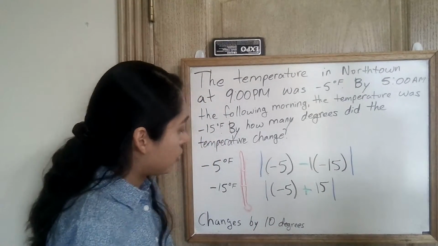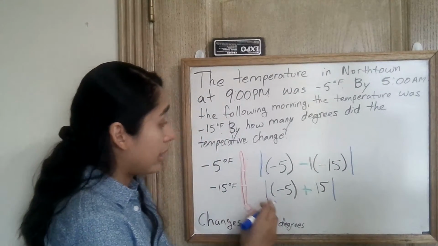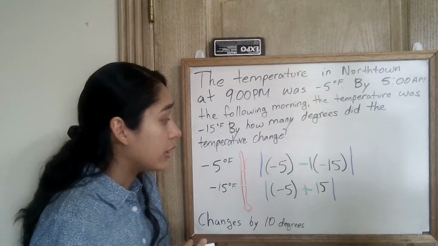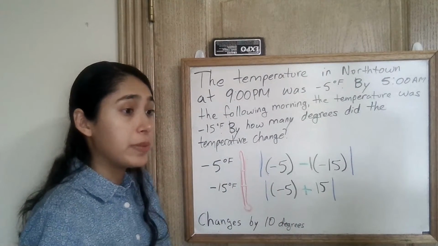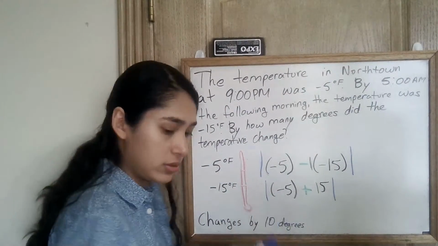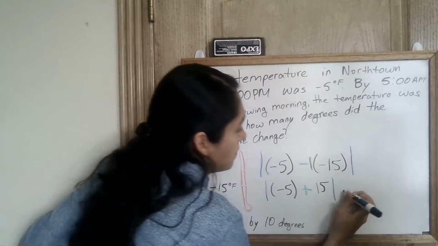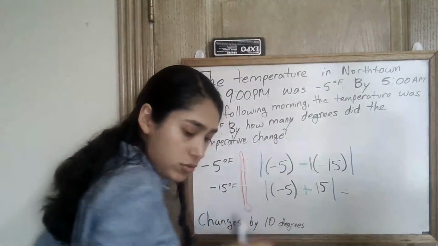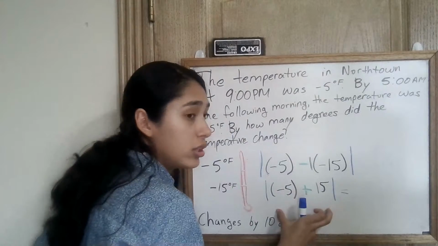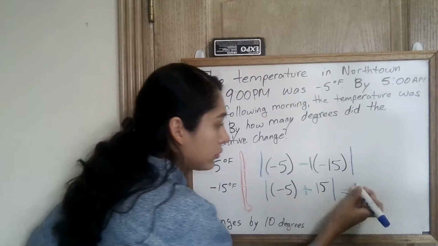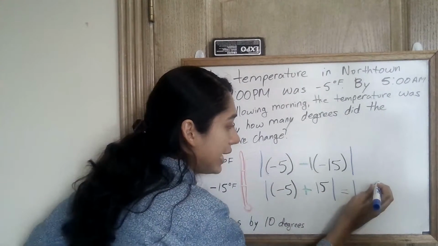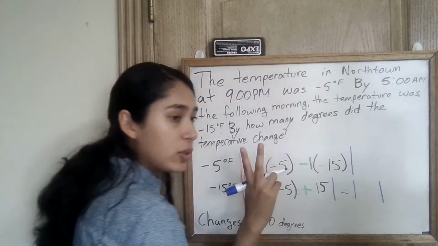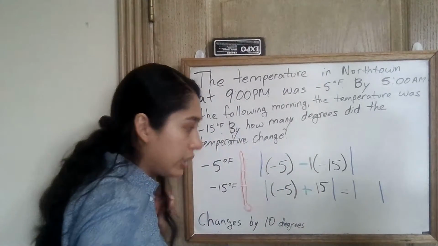So now we have the absolute value of -5 plus 15. That's going to end up to be 10. We're just going to carry on the symbol of absolute value because we really haven't had it work yet.